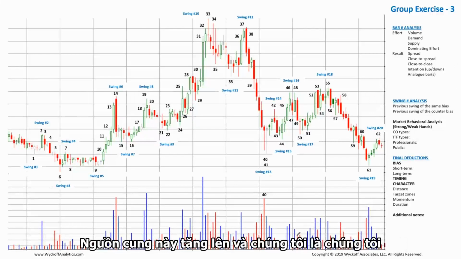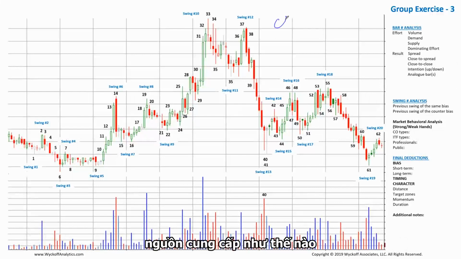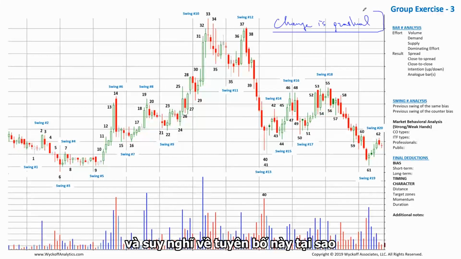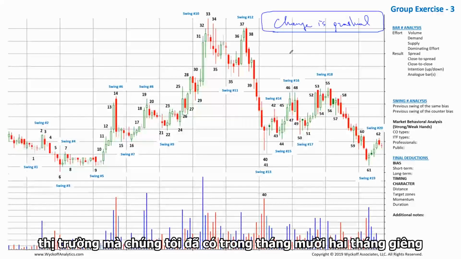The supply increases, and we were talking about first emergence of the supply, how change is gradual. And think about this statement, why change is gradual in the markets. Sometimes it's very violent, right? And everything changes very quick. Like the market that we had in December, January.